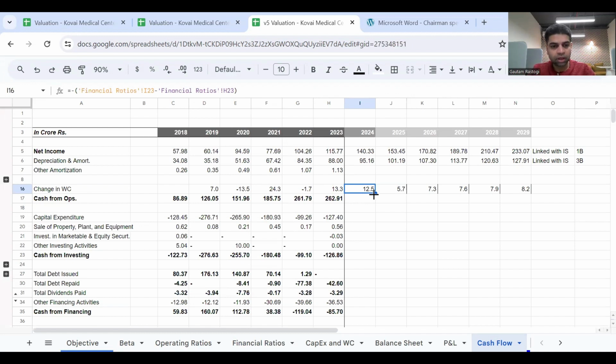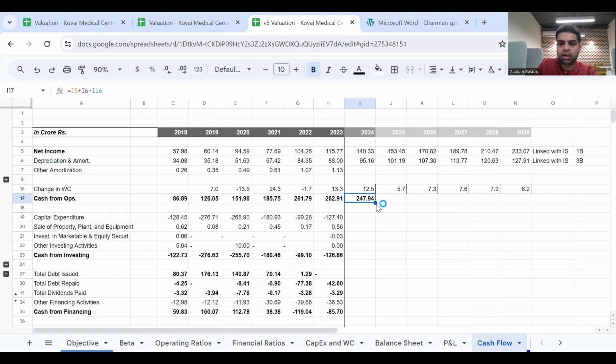Then the cash would have been stuck in receivables or inventory. And you would have this as negative, but right now you have this as a positive.